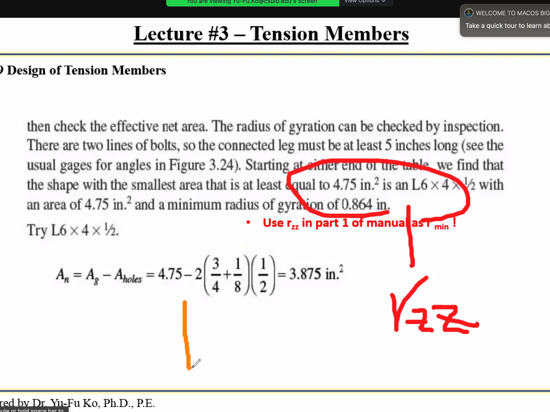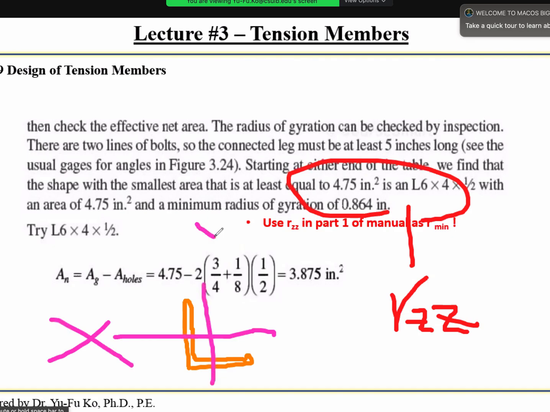The reason is that this angle is an unequal leg. And if you see the cross-sectional dimension definition, they call this x, and they call this y. But because this is unequal, based on the strength of materials, ME 373, that you guys learned, the xy axis here is not minimum.